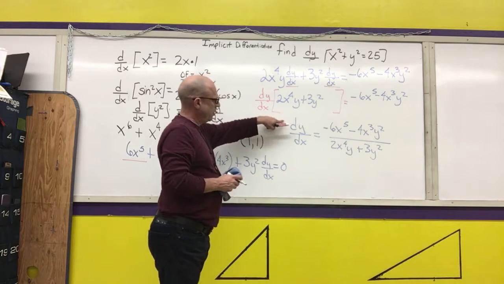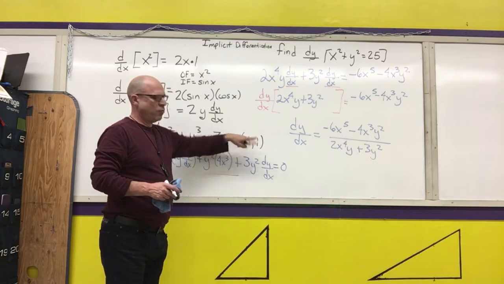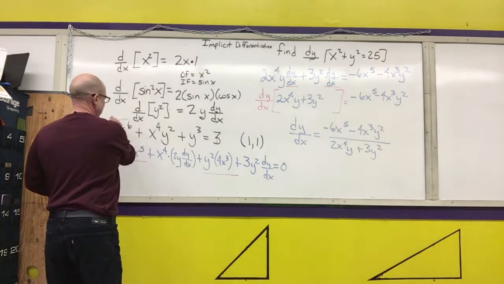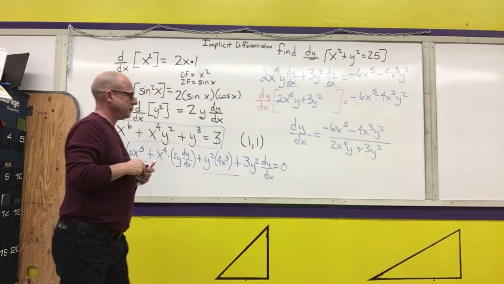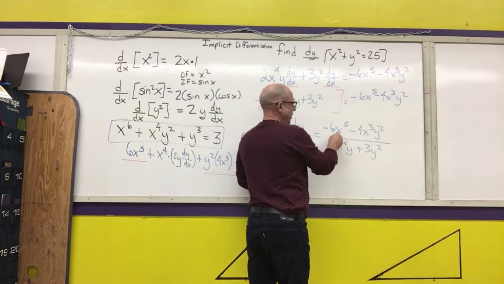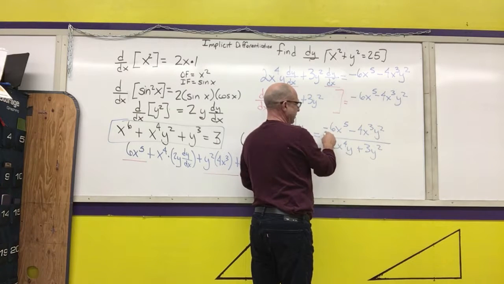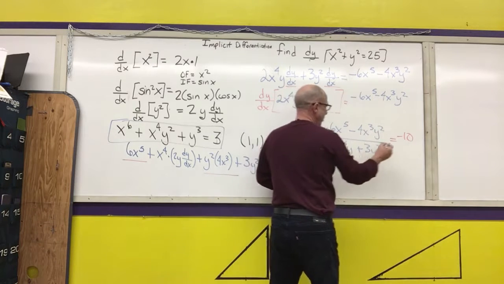So I have solved for dy/dx, but I want to evaluate it when x is 1 and y is 1 to find the slope of the tangent line to the curve that's represented by that equation. Well, let's put a 1 in for x and a 1 in for y. 1 to any power is 1, so I get negative 6 minus 4, which is negative 10 in the numerator.